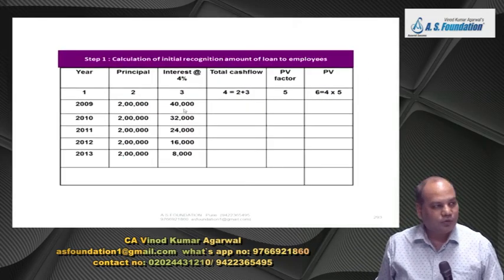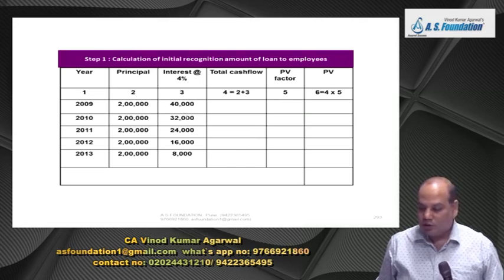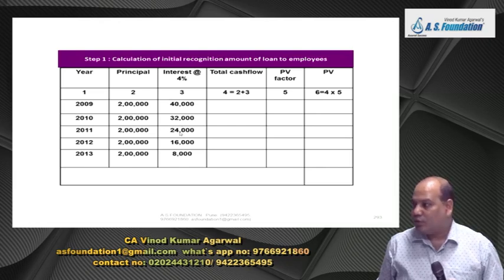So 10 lakh into 4%, 40,000. Then 8 lakh into 4%, 32,000. 6 lakh into 4%, 24,000. 4 lakh into 4%, 2 lakh into 4%, 8,000.